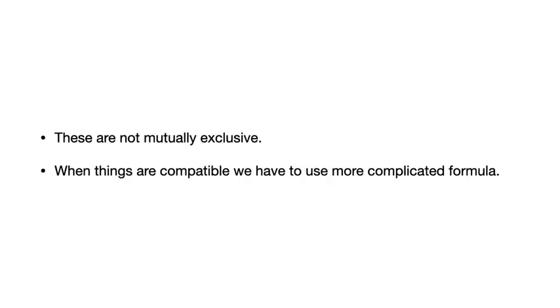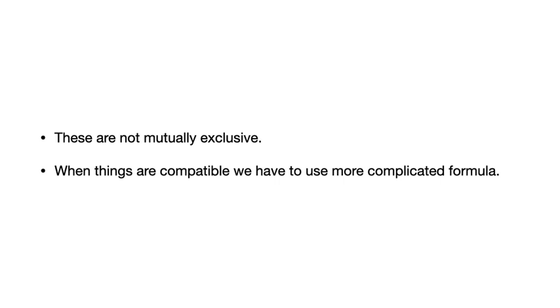Well, the problem here is that these two are not mutually exclusive, right? There are a lot of cards that are red that are also number cards, right? 2 through 10 of hearts, 2 through 10 of diamonds. They are both number cards and red cards, right?